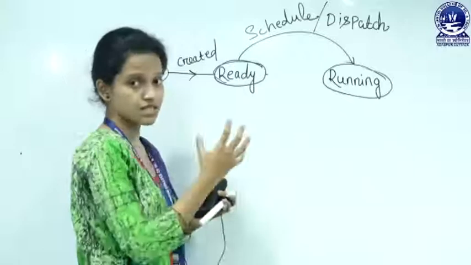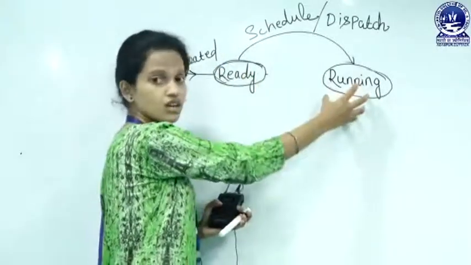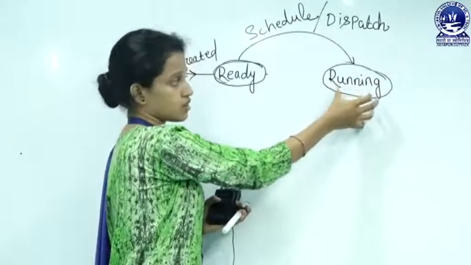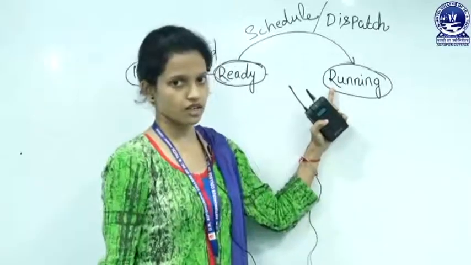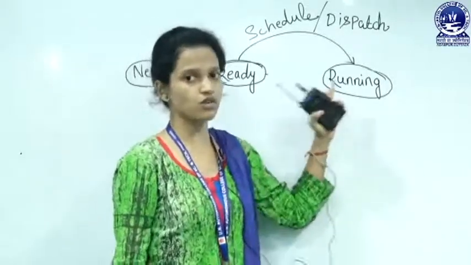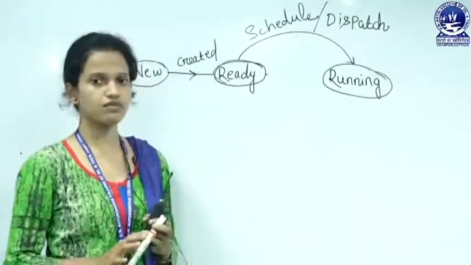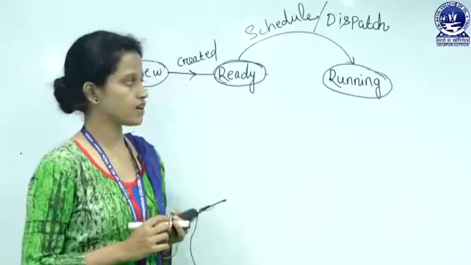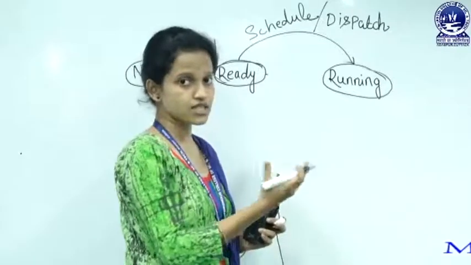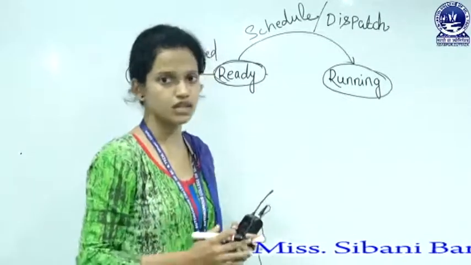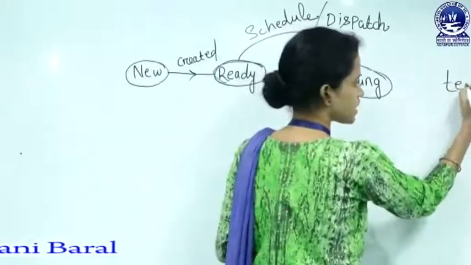After the running state, after the execution, how can the process go? If everything goes smoothly, when the process completes its execution, it will go to the terminated state, the final state.